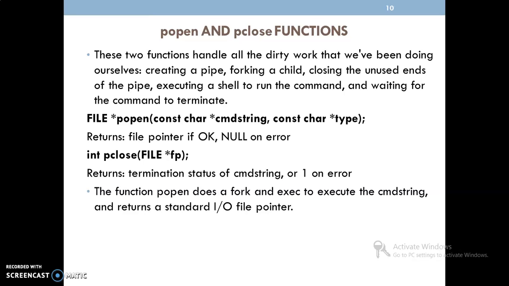Rather than doing it manually, if I call the popen and pclose functions, these things are handled automatically. That means the implementation of popen depends on pipe, fork, and exec, whereas pclose depends on close as well as the wait API.